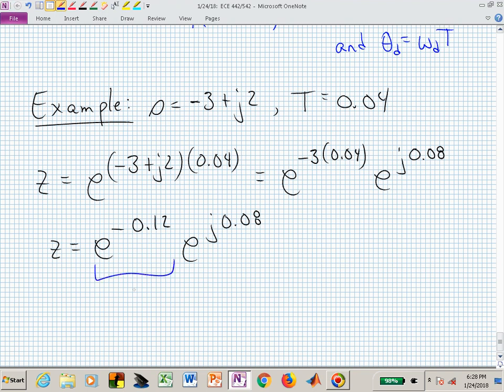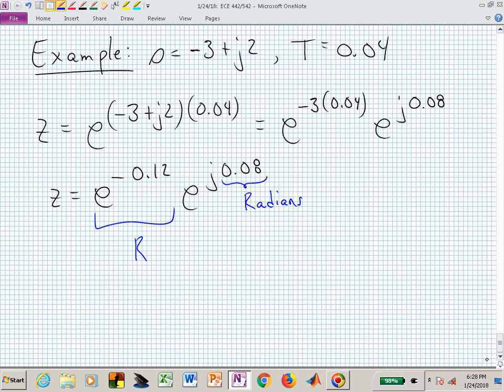This piece is our real component, and this is in fact an angle with units of radians. I'm assuming that you can convert radians to degrees if you want to picture that.